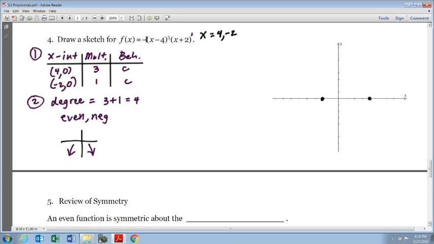We've got to put in our x-intercepts. Our end behavior is going to look like that. And then we'll go from left to right. When we get to negative 2, 0, we're going to cross. Eventually we have to come back down to this other x-intercept at 4, 0. And notice there we're also going to cross. And notice that does match our end behavior.